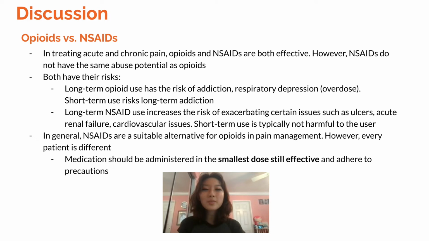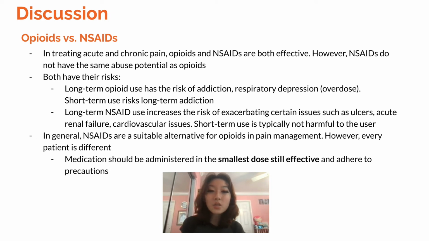What we found from doing this research was that in treating acute and chronic pain, opioids and NSAIDs were both effective in treating pain. They were about the same as one another, and neither really provided an advantage or a benefit over the other in terms of pain control and pain management.